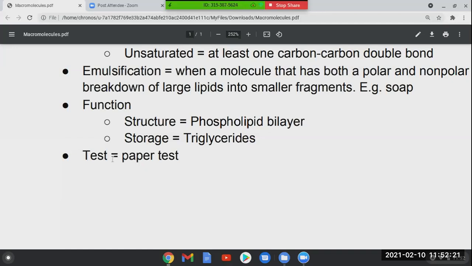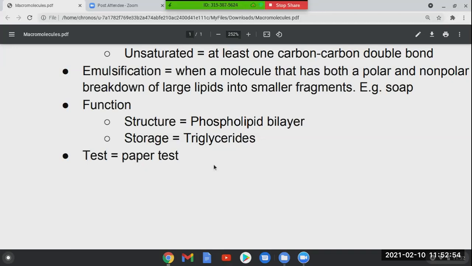And if you want to know if an unknown solution has fat or oil or, in general, lipid, you can run a paper test. A paper test is exactly how it sounds. You take a piece of paper, and you put a drop of this unknown solution on the paper, and you let it sit for 15 minutes.